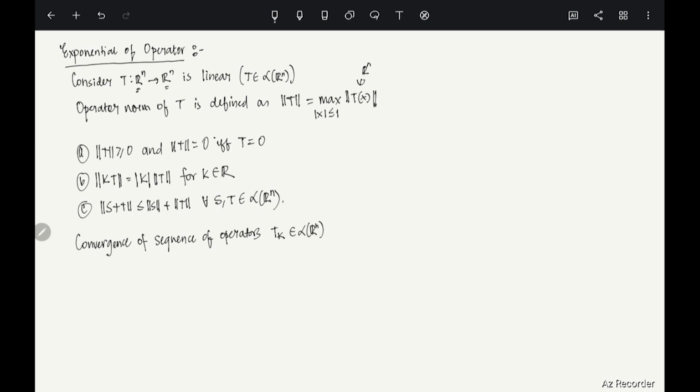We want to define convergence in the operator norm. Clear? So let's write down the definition.